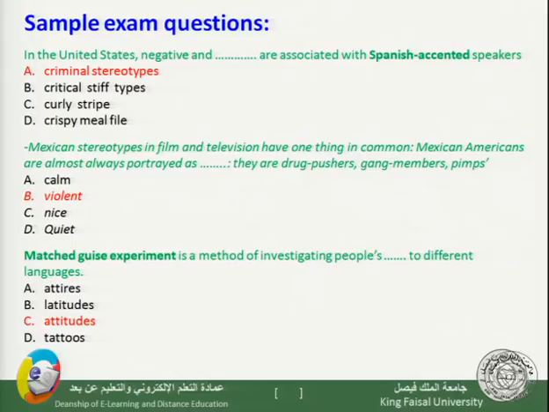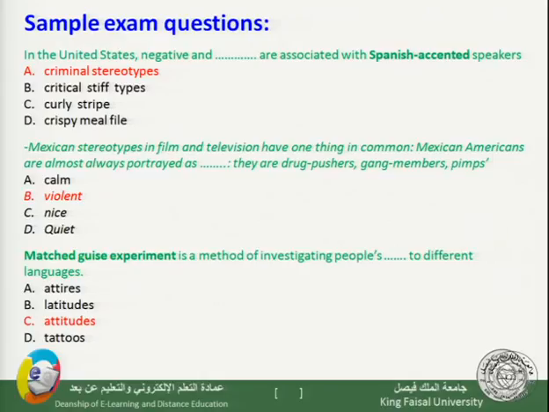The right answer is also marked in red, so that if you want to go back to your book or your slide, you'll find that this is the correct answer. So in the United States, negative and criminal stereotypes are associated with the Spanish accent speaker.